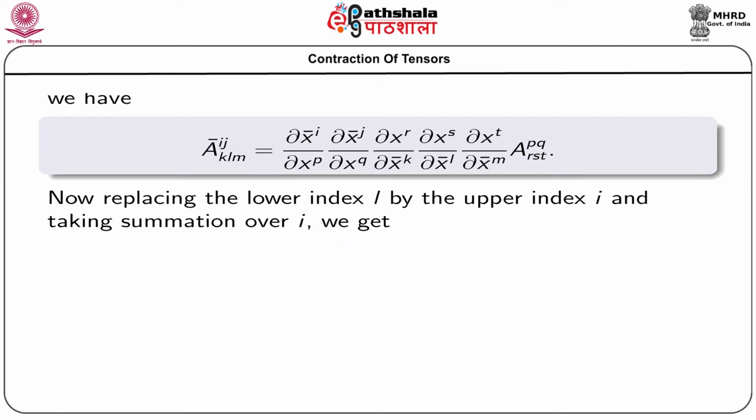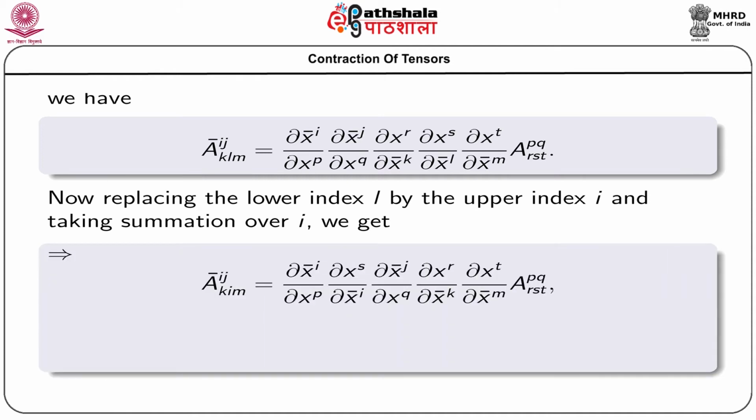Replacing the lower index l by the upper index i, we are contracting i and l and taking summation over i. We get a bar ij k i m, because we have written i equals l.